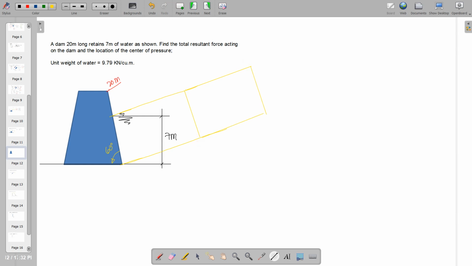We are actually working with this cross-sectional area, wherein this is 20 meters long, and for the meantime I'm going to designate the inclined dimension as Z. As you can see, Z can be computed using a right triangle.